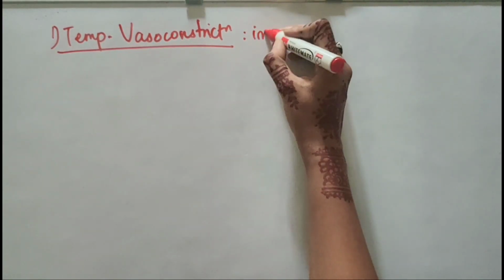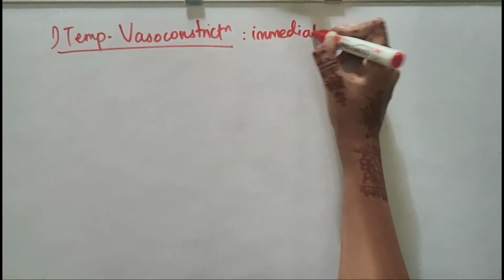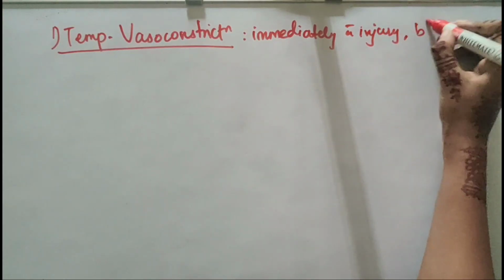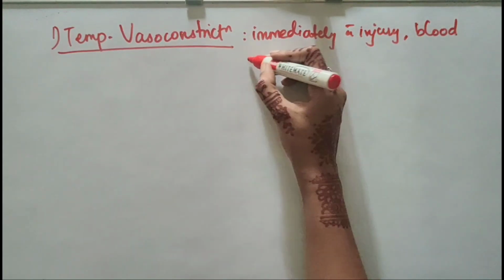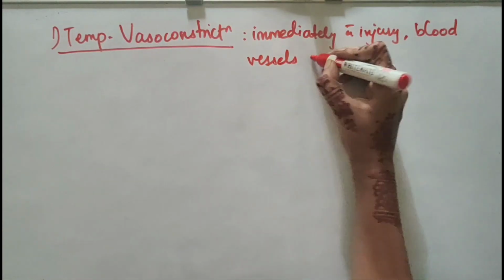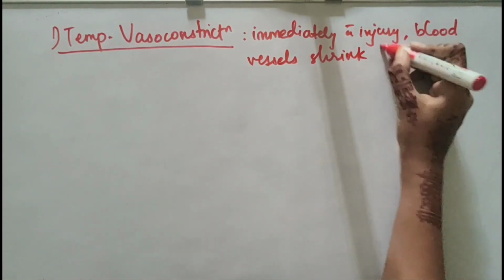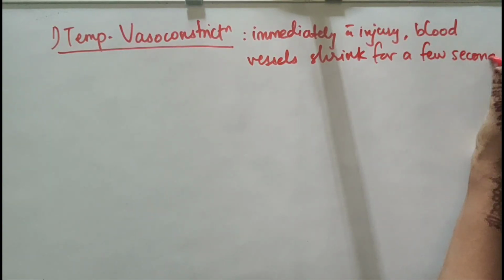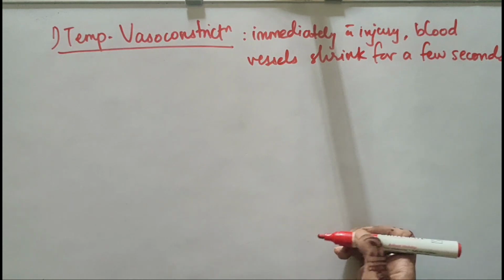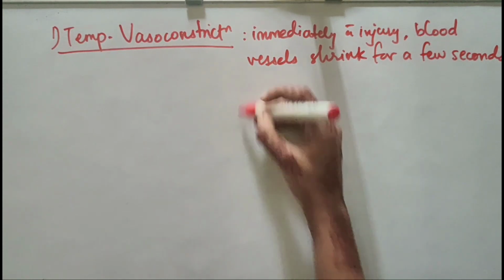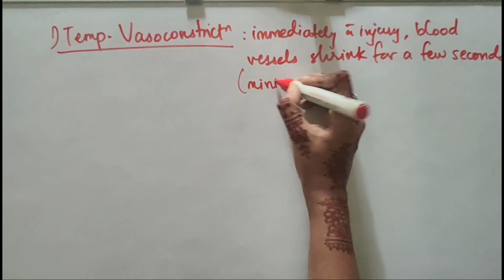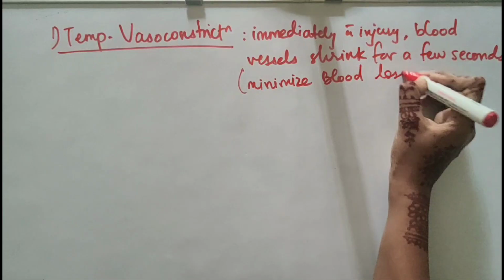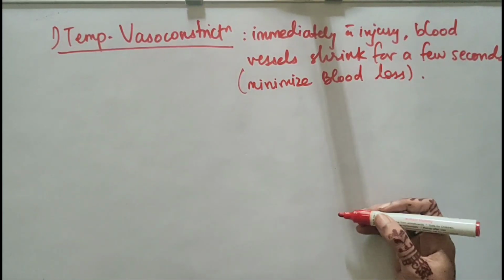Immediately after injury, the blood vessels shrink for a few seconds. Okay, so the question is why they shrink. They shrink to minimize blood loss. Okay, so the very first step is temporary vasoconstriction.